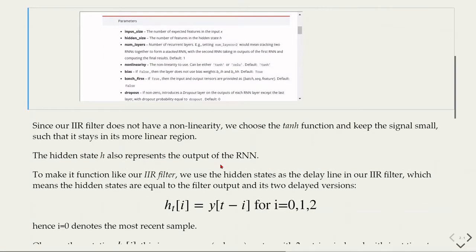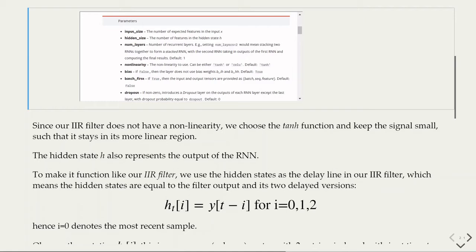Since our IIR filter does not have a non-linearity, we choose the tanh function and keep the signal small such that it stays in its more linear region. So you're familiar with the tanh, the function that goes from -1 to 1, and values that are bigger than 1 or smaller than -1 will be shaped by this tanh function.